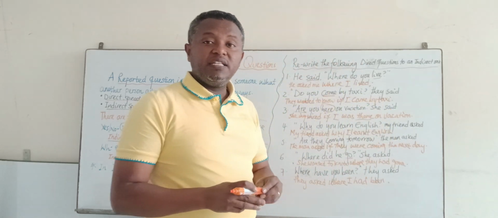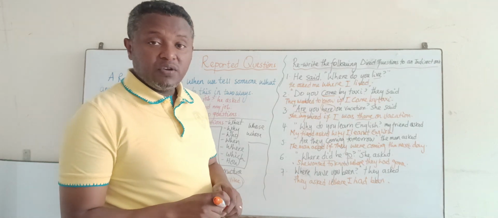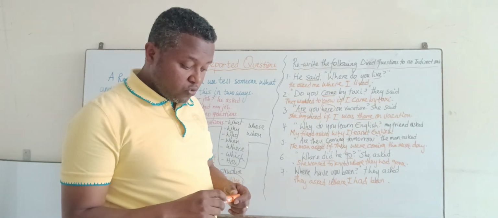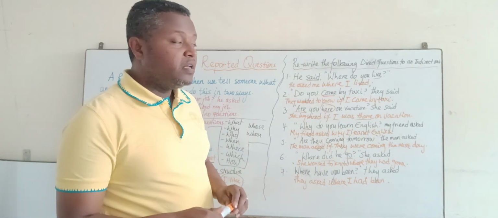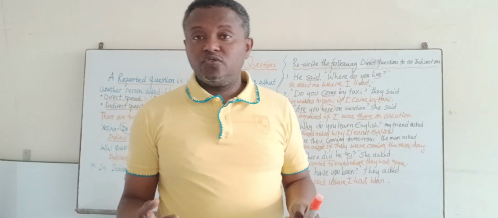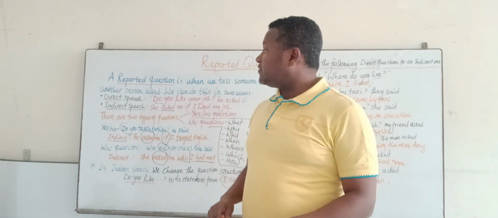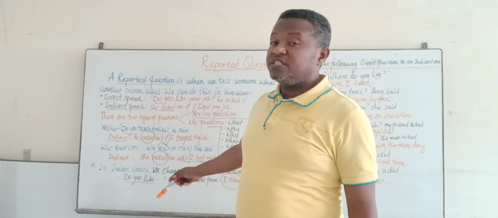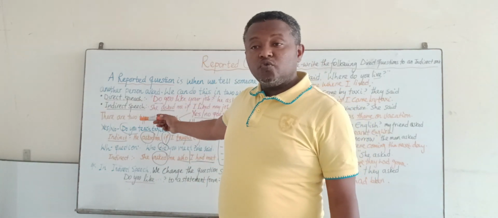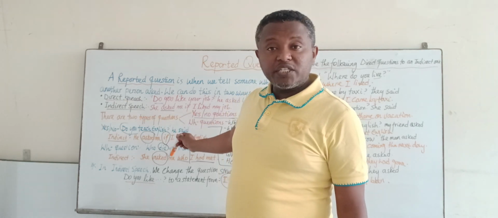I hope you find this lesson helpful, and really I want you to practice your English every time and learn the grammar here, and then when you go out, I want you to really apply it in a real life situation. So reported questions, there are two types of questions, yes or no, and then WH questions.